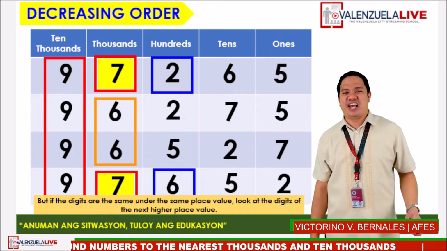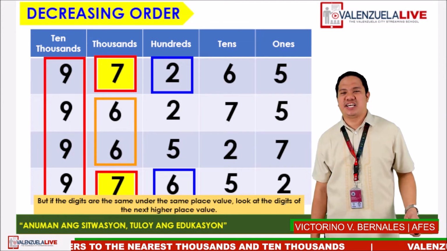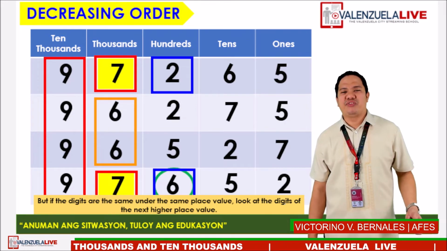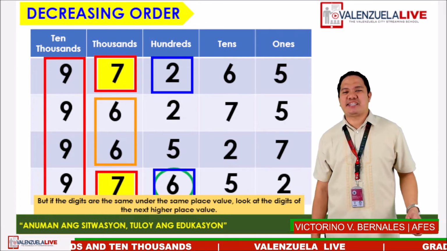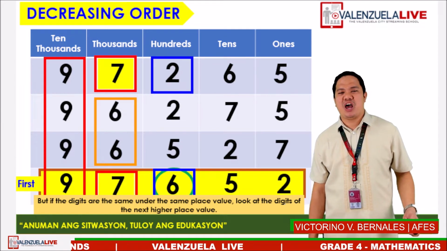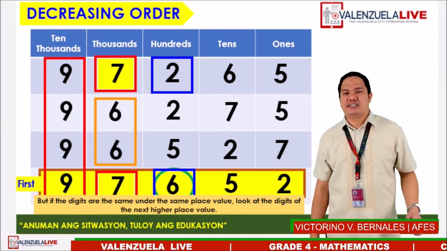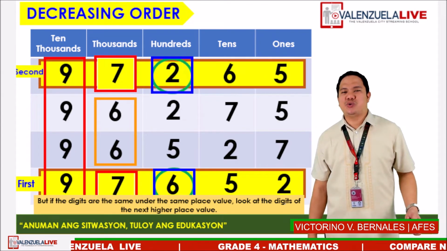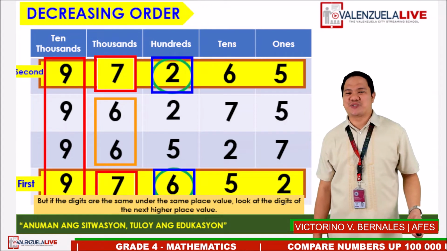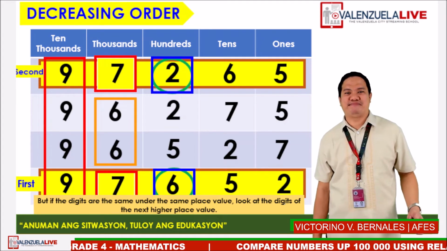Correct. We have to choose 6 since 6 is greater than 2. Therefore, 97,652 comes first, followed by 97,265.